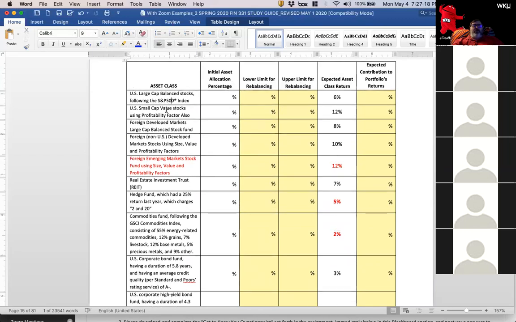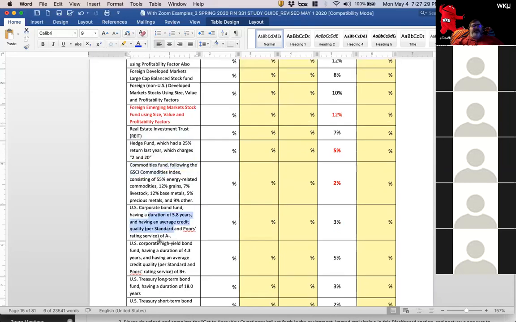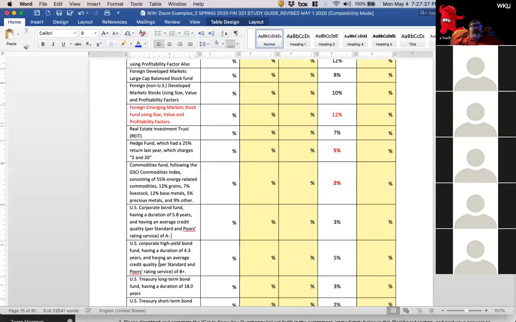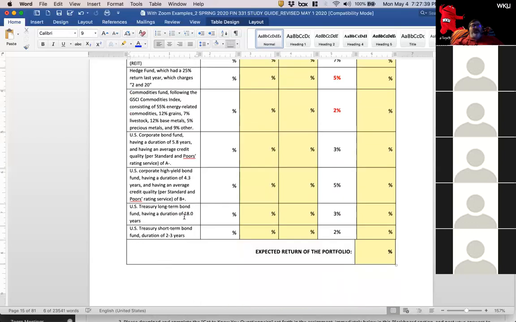So you have all of these asset classes, right? Including real estate investment trust, hedge funds, commodities, corporate bond funds with a moderate duration, corporate high yield bond funds. So we have some junk bonds in here. We have U.S. Treasury long-term bonds with a duration of 18 years for that fund, and U.S. Treasury short-term bonds.